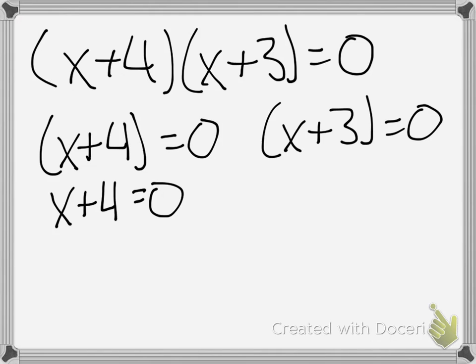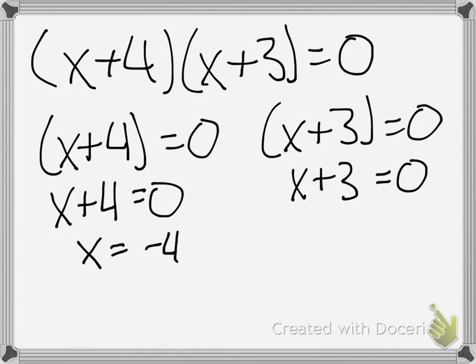If I want to get the x by itself, I need to move the plus 4 to the other side, so I'll subtract 4 from both sides. x equals negative 4. Same here. x plus 3 equals 0. I need to move the plus 3 to the other side, so I'll subtract 3 from both sides. x equals negative 3. Now I've solved my equation.